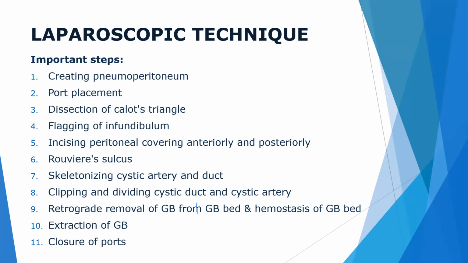And extraction can be at your choice. Many surgeons remove it from the camera port, that is the umbilicus, and some use laparoscopic organ removing bags, and after that ensure the removal of the gas and then the closure of the ports.